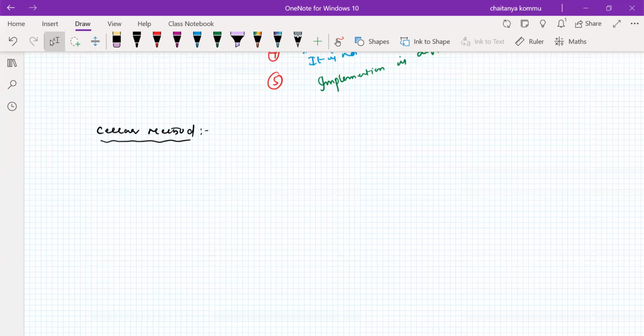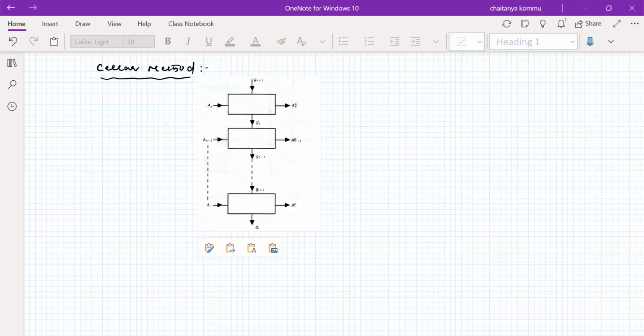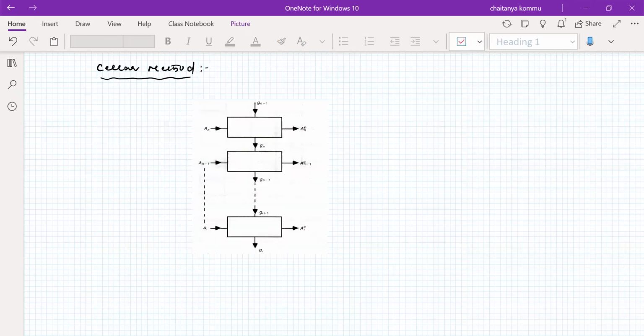How do we do this? This is the structure that we normally use for this. I just want to copy this here. This is the regular structure I have to consider.